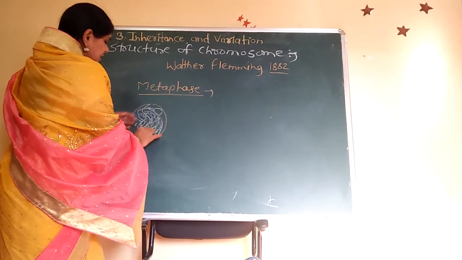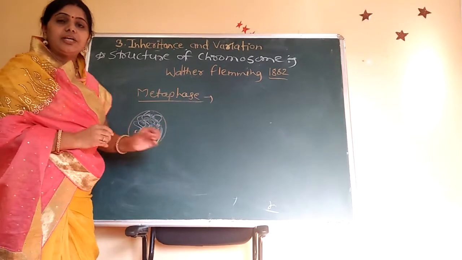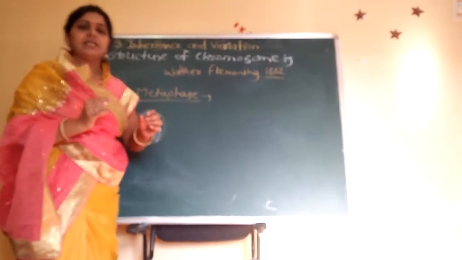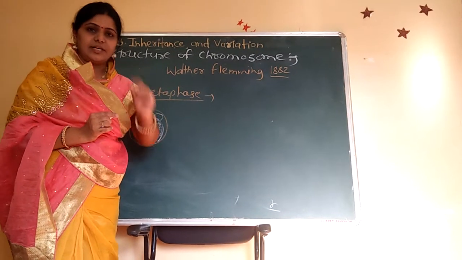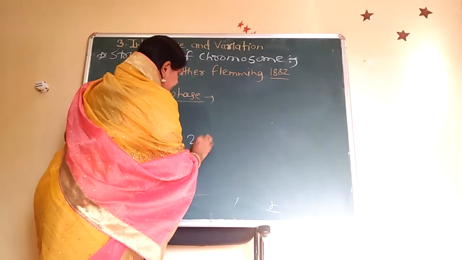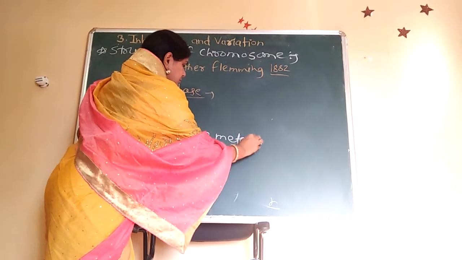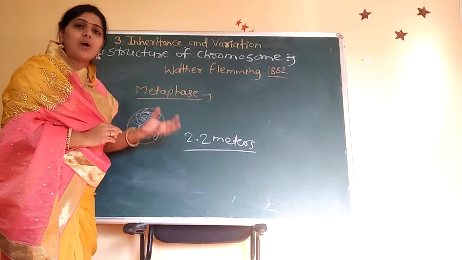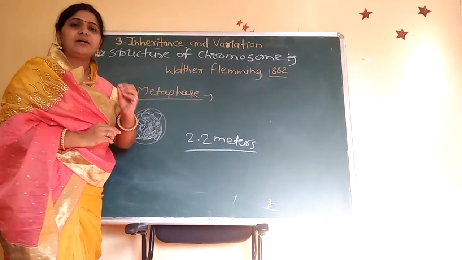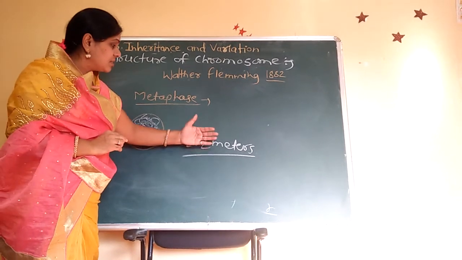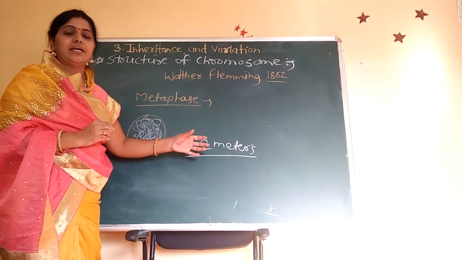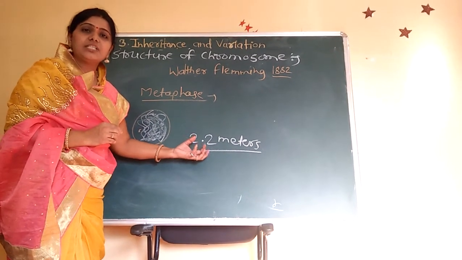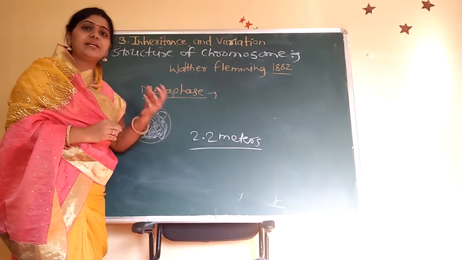The unbonded DNA in a single cell is 2.2 meters. How is it possible that 2.2 meters of DNA is situated in a single cell?